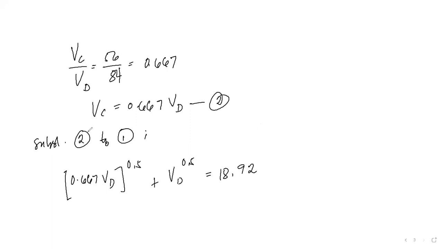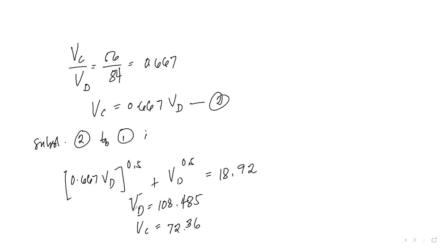So you will have a V sub D value from here of 108.485. Your V sub C from equation 2 will be 0.667 of this. So 72.36.